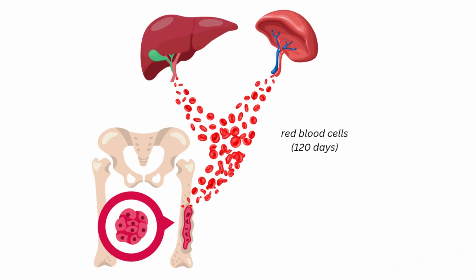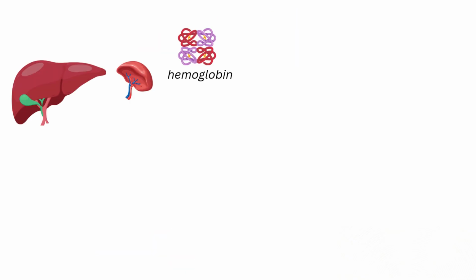Normally, red blood cells carry out their oxygen carrying function for about 120 days before the reticuloendothelial system takes out senescent and defective red blood cells. The answer to our question lies within hemoglobin and heme metabolism. Liver macrophages break apart hemoglobin.